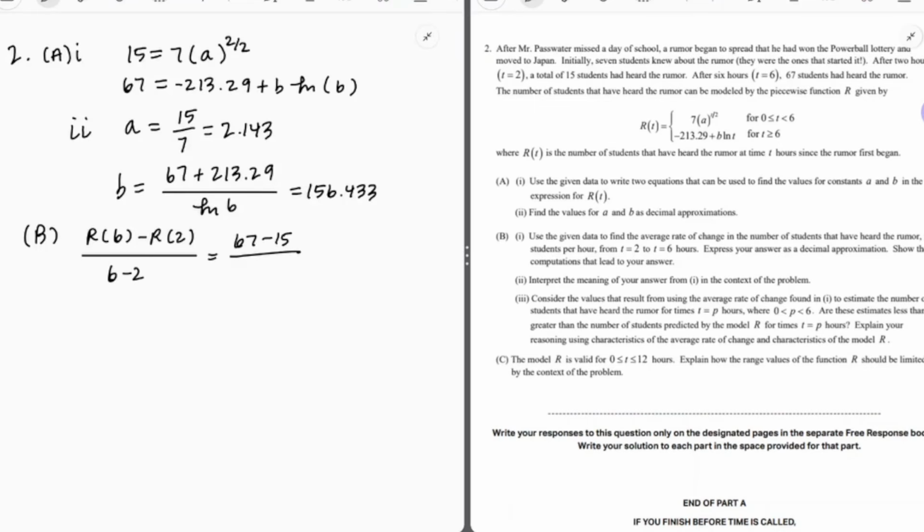Now, I think this might be a situation where you are allowed to give a bald answer, but I really don't like the sound of that. I think we should be showing the setup that leads to our calculations. 67 minus 15 over 6 minus 2, and then we would get 13.